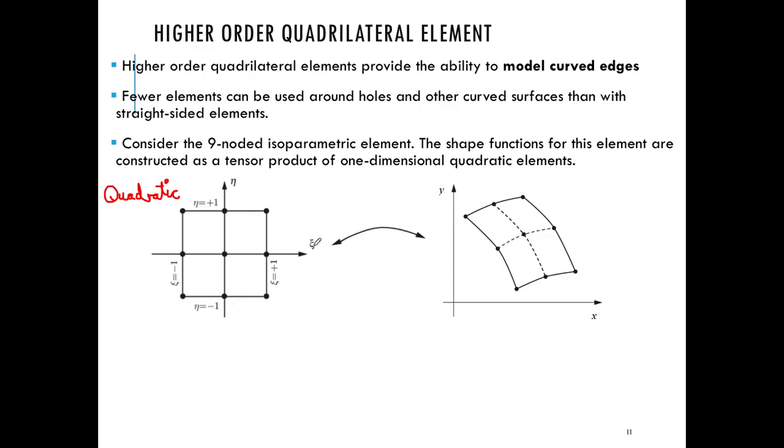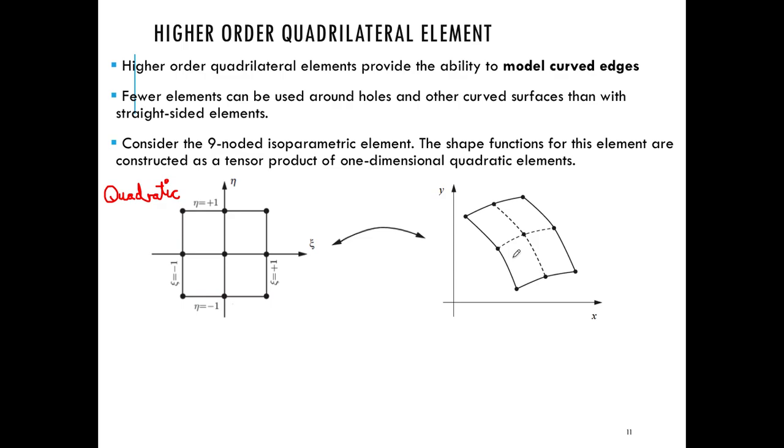Now this is extremely useful, as you can see, because this allows us to use fewer elements to get a better or more convergent result, or to be able to better map curved boundaries, such as the previous example that we've seen of a circular hole.